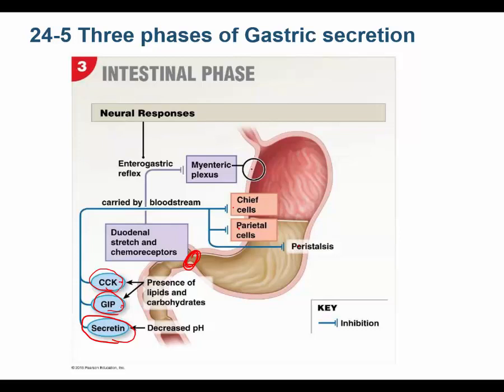I usually say lipids with CCK and carbs with GIP. It's not as specific as I'm making it sound. But the lipids and carbs cause the secretion of cholecystokinin. I better put that word here for you. CCK is called cholecystokinin. Cholecystokinin is a hormone, and gastric inhibitory peptide.